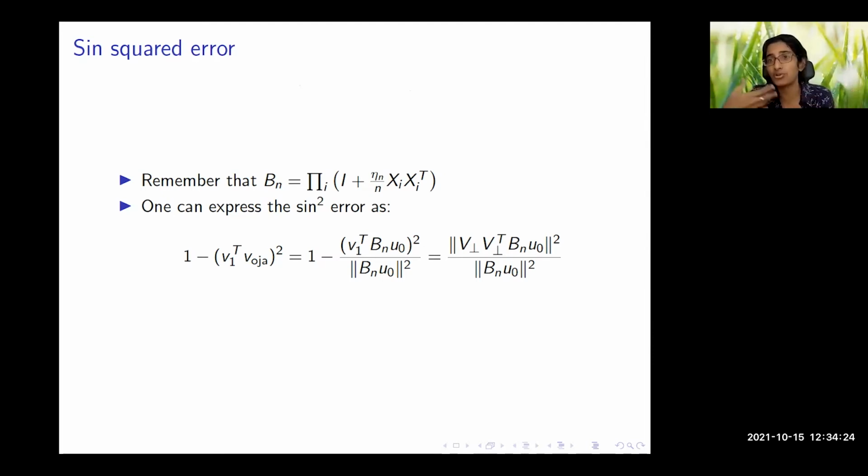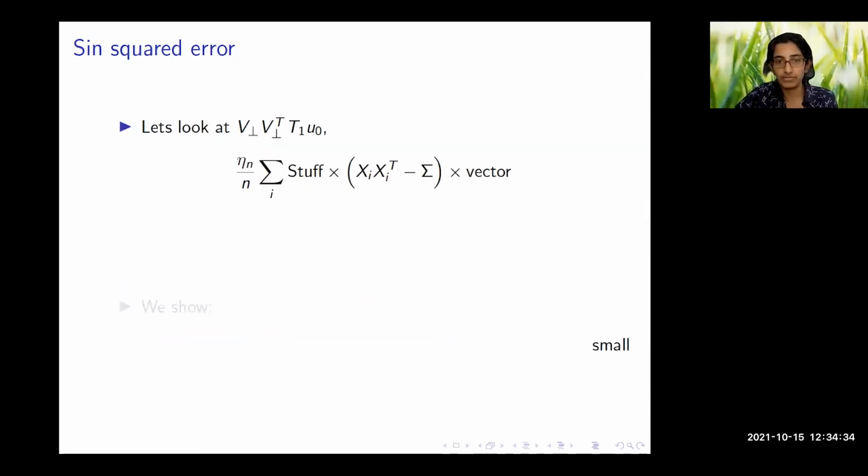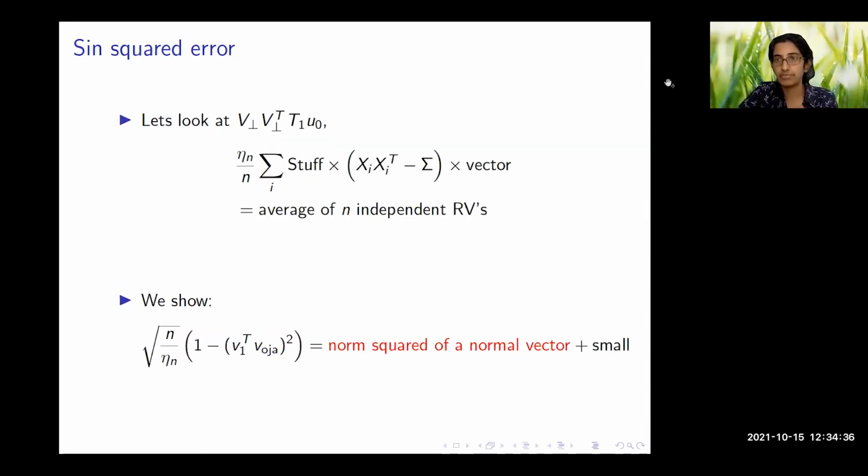So that's kind of what you expect from the limiting distribution of the sine squared error that you get from Oja's algorithm. So this is essentially the theorem.